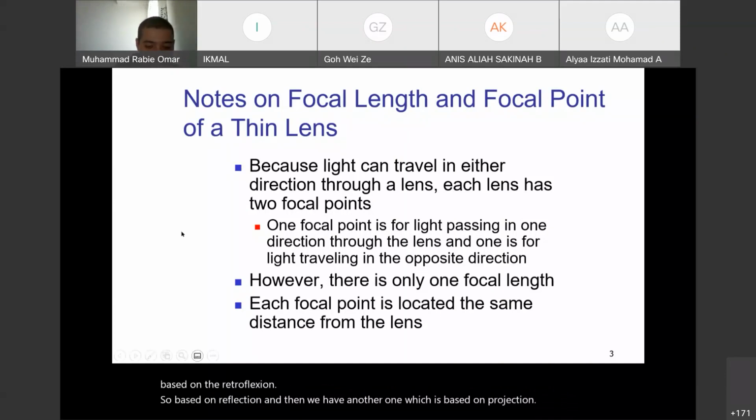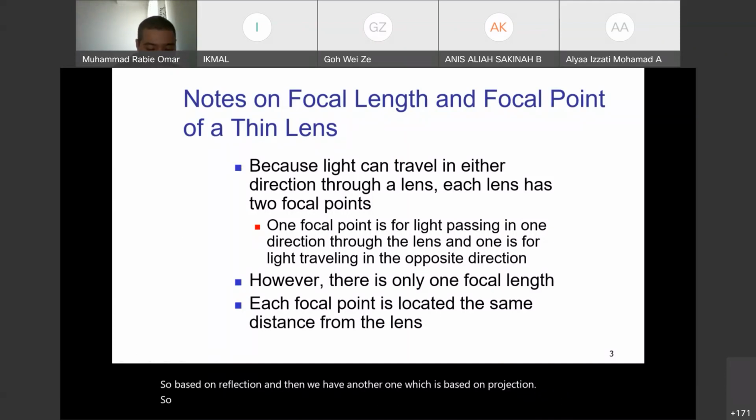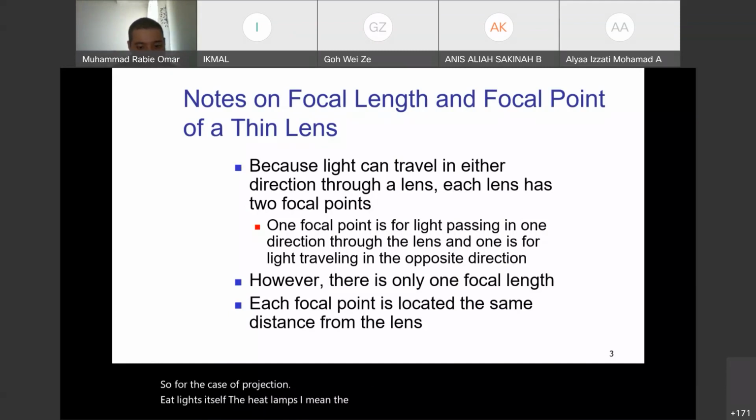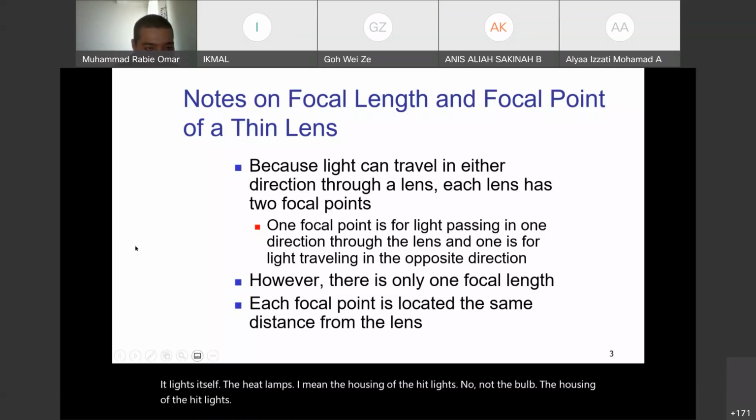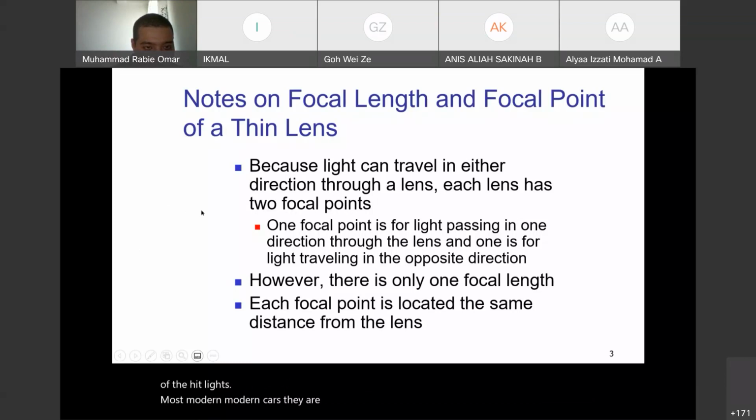For the case of projection, the housing of the headlights, not the bulb, most modern cars are using a convex lens in order to focus the light rays.